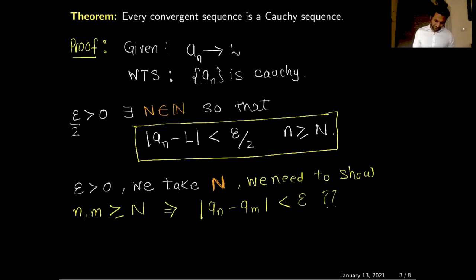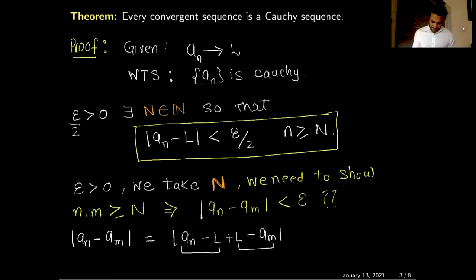So let's begin calculating what an minus am is. This is equal to an minus L plus L minus am. I add one L and I also subtract one L. And now I will use the triangle inequality on these two terms.